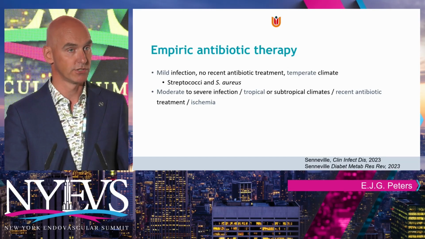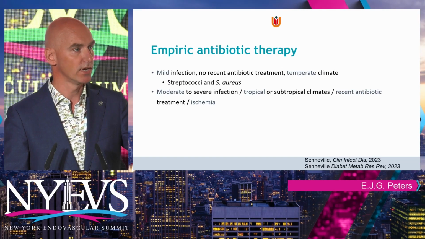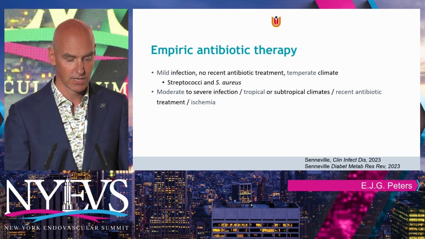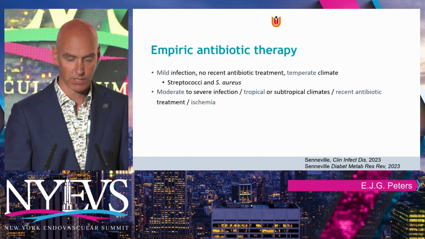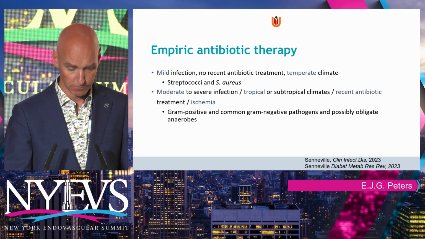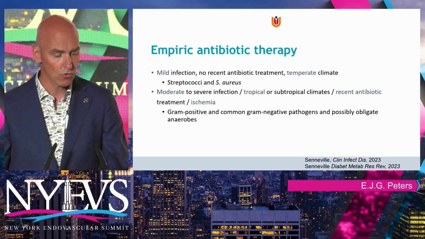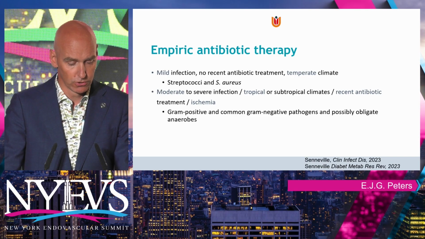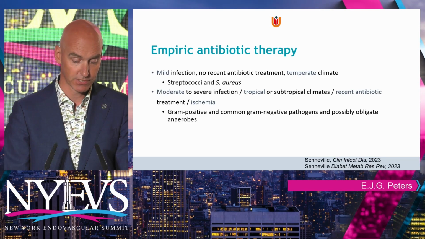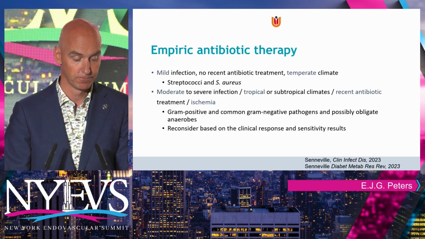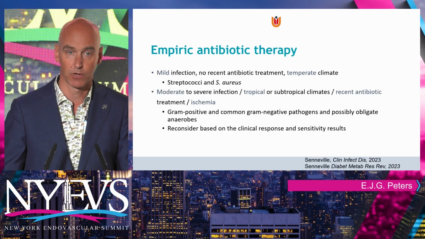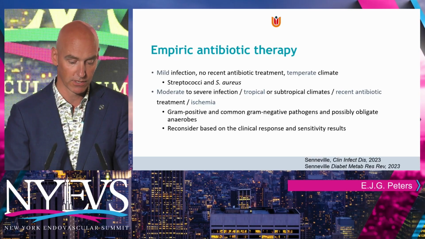But if you have a moderate to severe infection, a grade 3 to 4 of that classification, or if you live in a tropical or subtropical climate, or if the patient has received recent antibiotic treatment or has ischemia, it'd be wise to go for a broader treatment that includes common gram-negatives, and in case of ischemia and abscesses, possibly obligate anaerobes as well. And then when the culture results come back, you can target your antibiotic to whatever you find in the culture results.